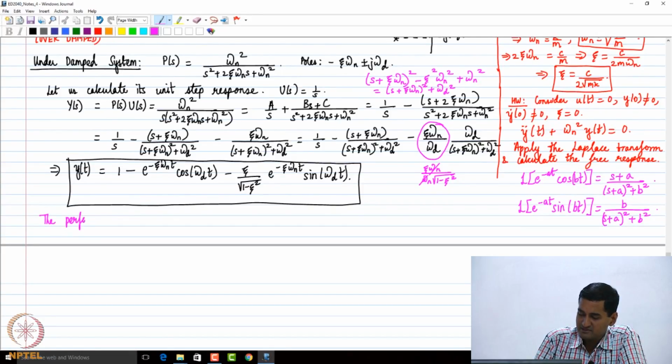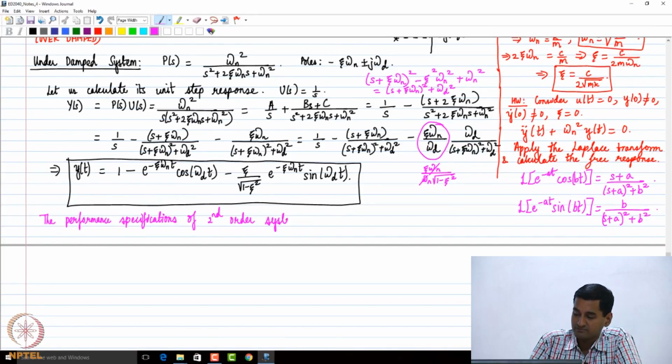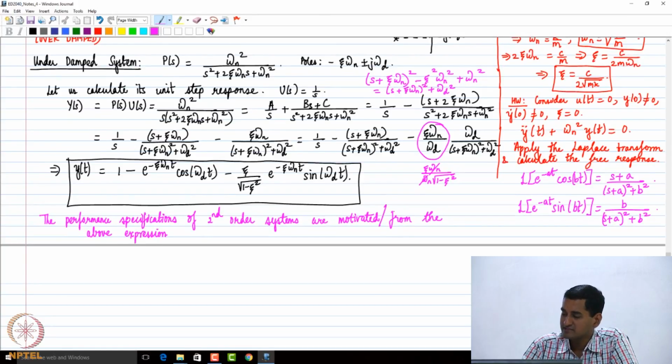Now, typically the performance specifications of second order systems are motivated, or rather derived, from the above expression.